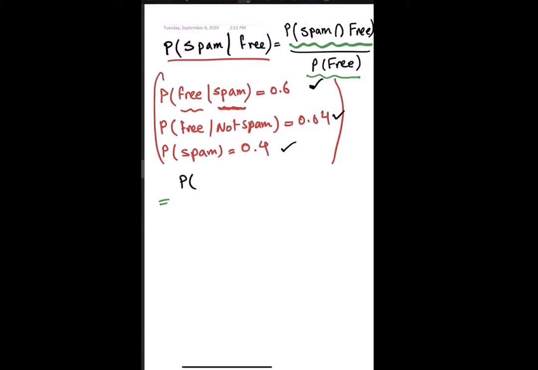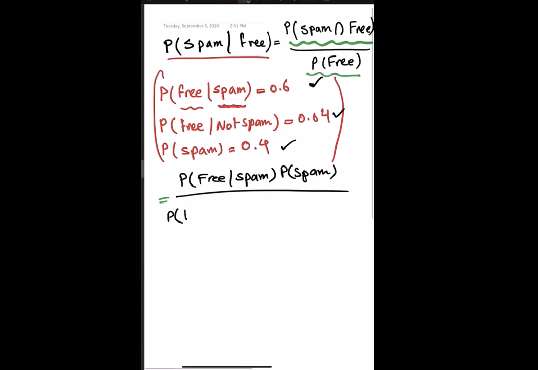How can you do that? Probability of free given spam, perfect, times probability of spam. Perfect. How about the denominator? It's probability of free given spam times probability of spam, plus probability of free given not spam times probability of not spam.